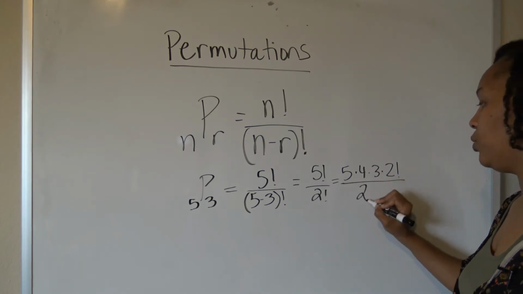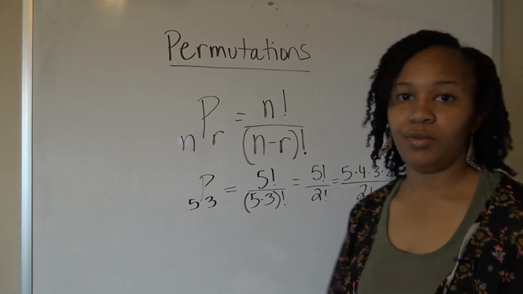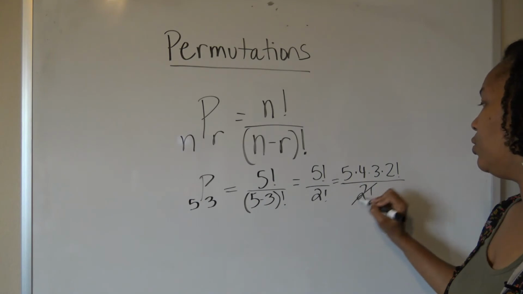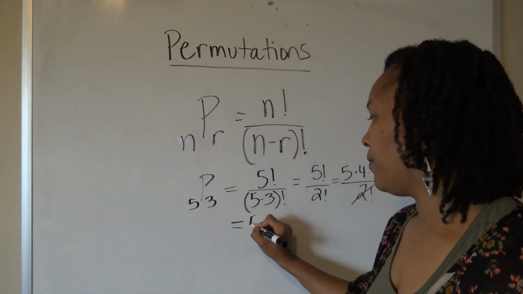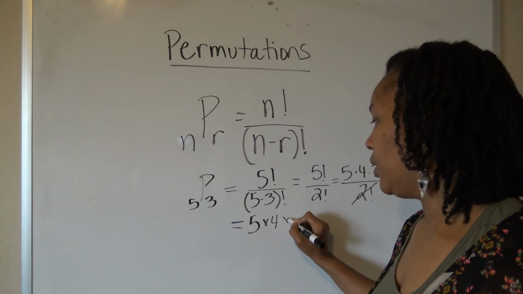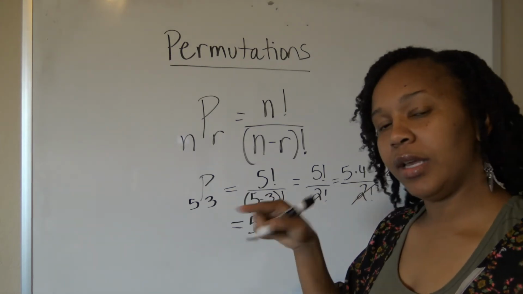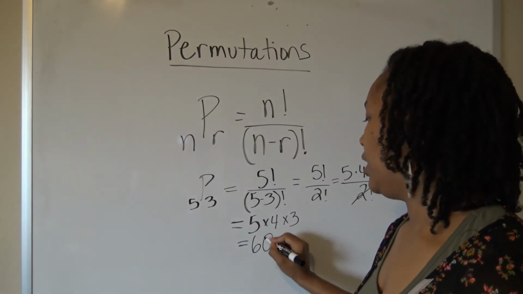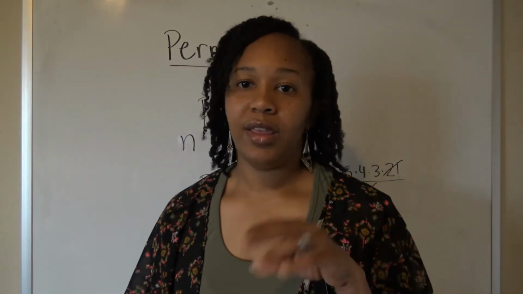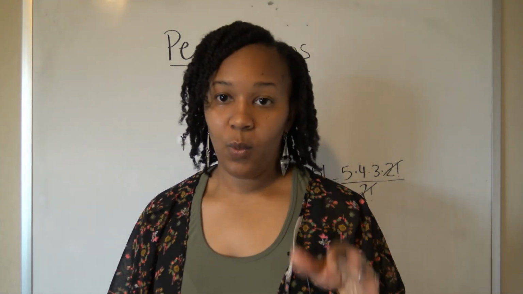I see the 2 factorial in the bottom, so that's why I stopped at the 2 factorial. You see that the 2 factorials cancel, and you're left with 5 times 4 times 3, which is what I got earlier when I was working it out. 5 times 4 is 20, 20 times 3 is 60. So that lets me know I can create that 3-person lineup in 60 different ways, okay?